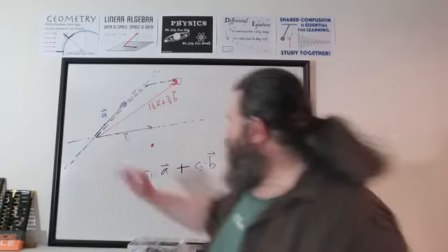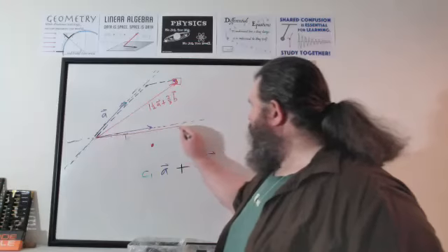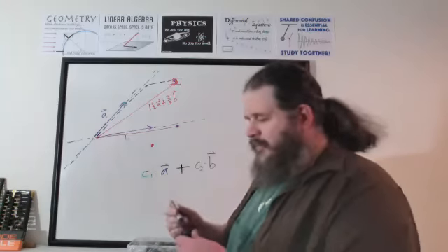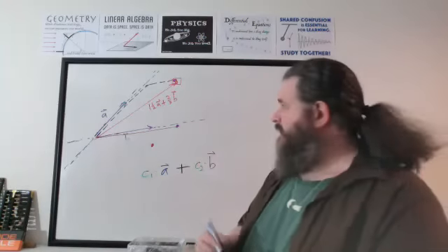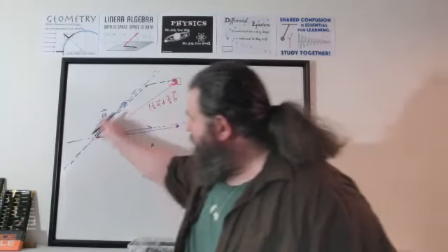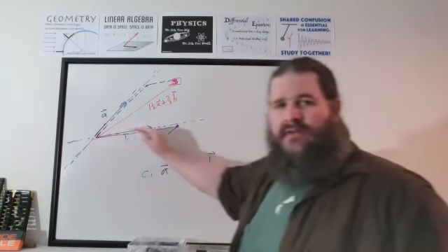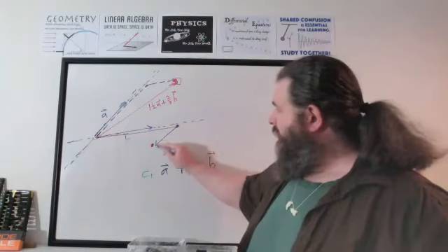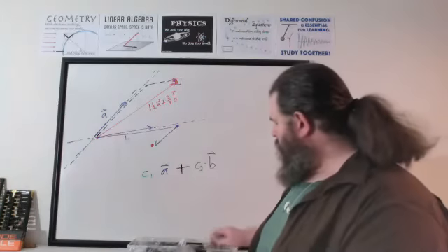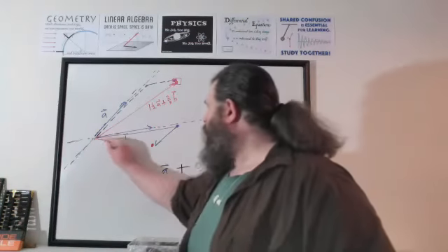So you could go some distance in the B direction, as long as we choose the exact right distance, and then some distance in the negative A direction, because negatives still work. So we're going some distance along the B direction and then some distance in the negative A direction. And we get to this location.